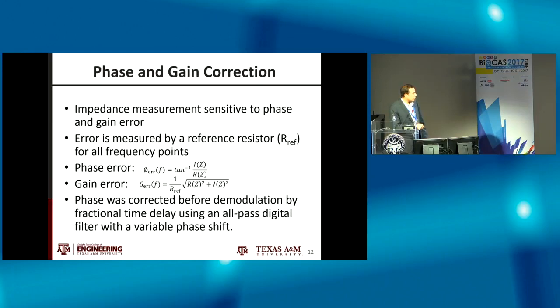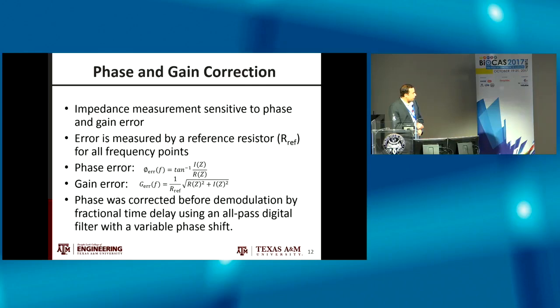This is the phase error. We calculate the gain by measuring the amplitude of the measured signal divided by the reference resistor signal. I need to calculate this error at each frequency, because these errors change with frequency. And to ensure accuracy across the whole frequency range, we need to make this calibration at each frequency step.